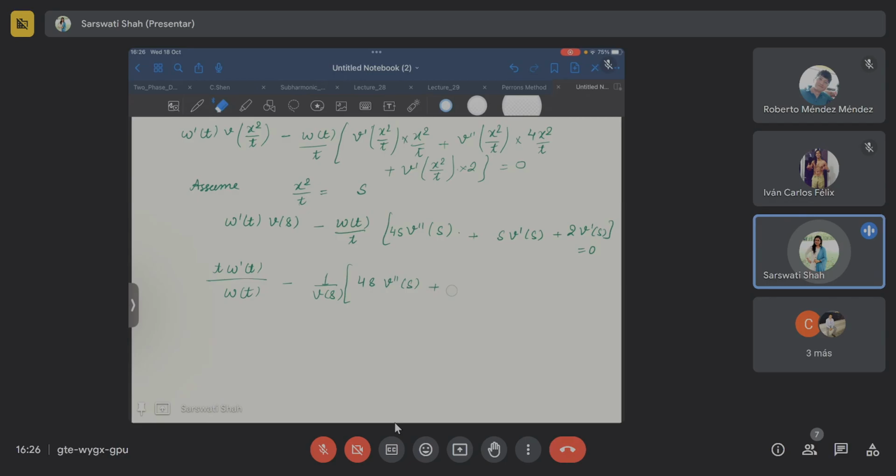Let me write it like this. I am going to use two things, s plus 2 v dash s is equal to 0. Cannot you see that this is a function of t and this is a function of s? It is a very beautiful thing. Now you have separated it into a function of t and a function of s.